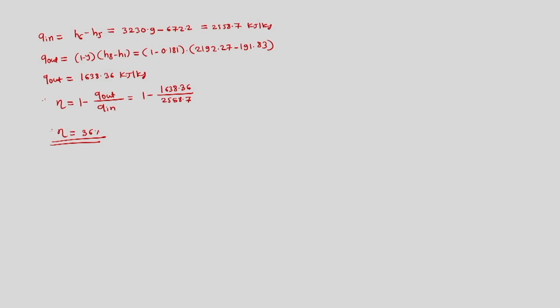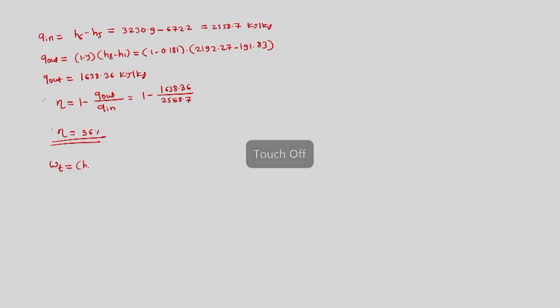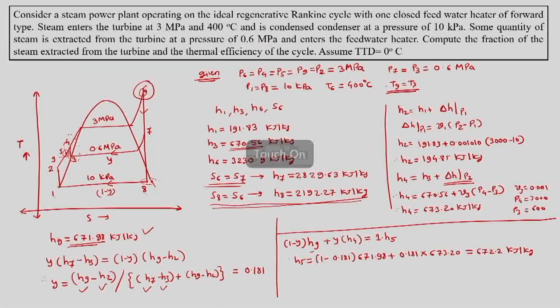We could as well have found out efficiency. For that we would need to find out turbine work. Turbine work we could have found out by saying that there is 1 kg of mass getting expanded from H6 to H7. So, it is H6 minus H7 plus 1 minus y into H7 minus H8. So, this is turbine work. We would have found pump work. Total pump work is here plus here.